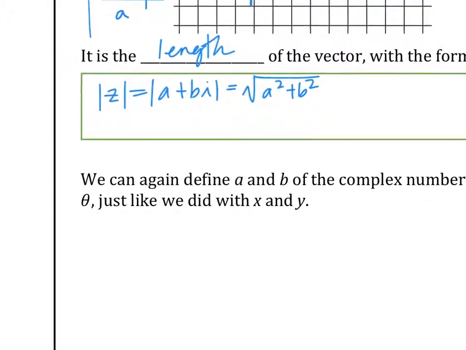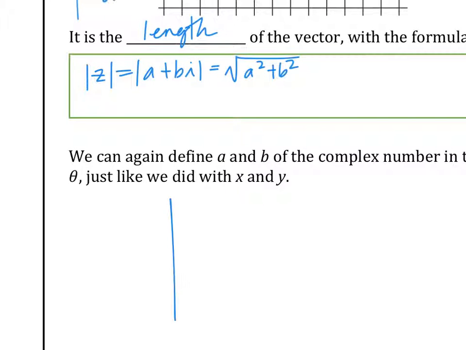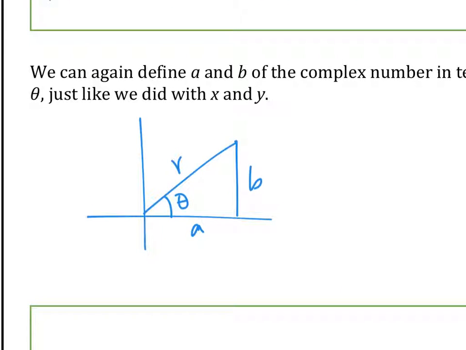Okay, last thing and we're done. We have this complex number that has a and b here, and it has a certain length r, and then there's a theta. This is probably the 5th time I'm asking this question.